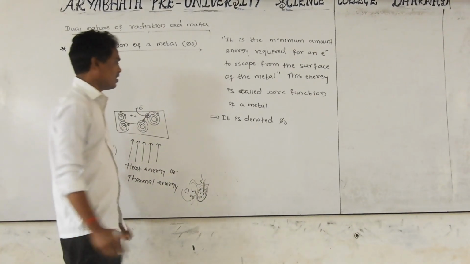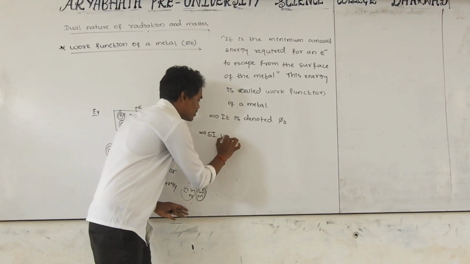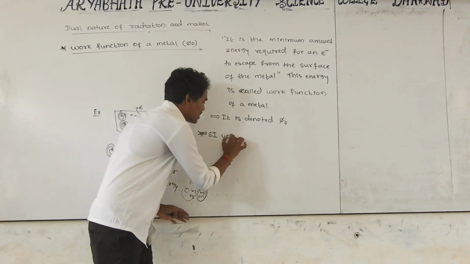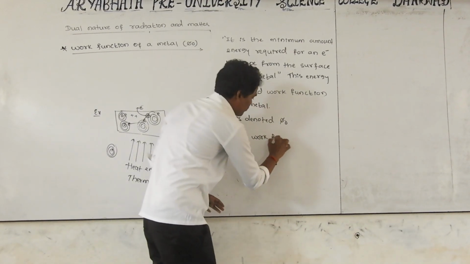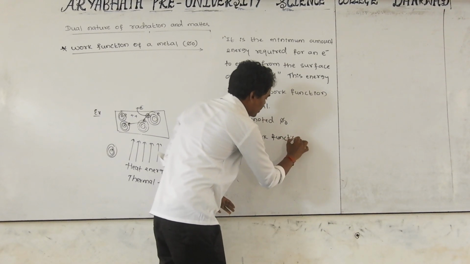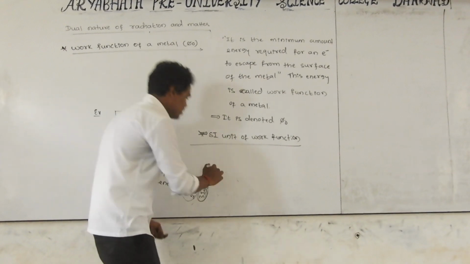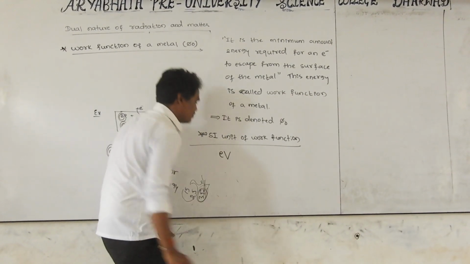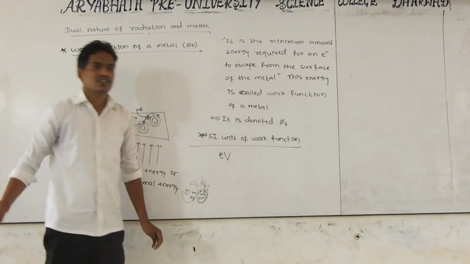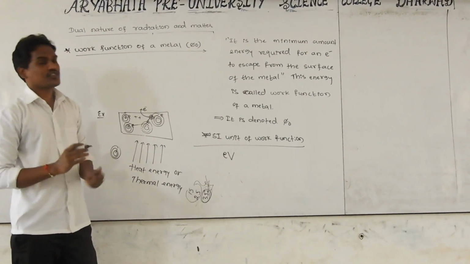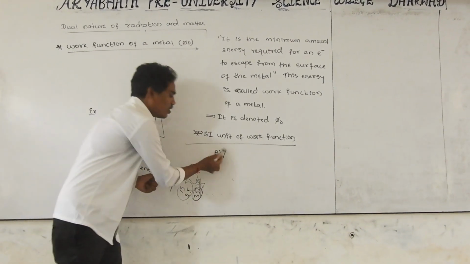Now let us consider what the SI unit of this work function is. The SI unit of work function is the electron volt. Generally, the work function of each and every metal can be measured in terms of electron volt.